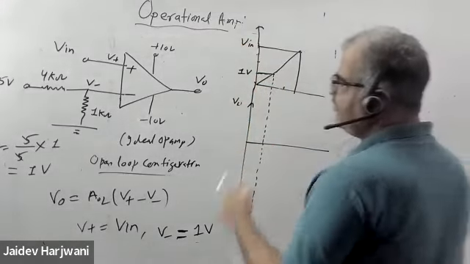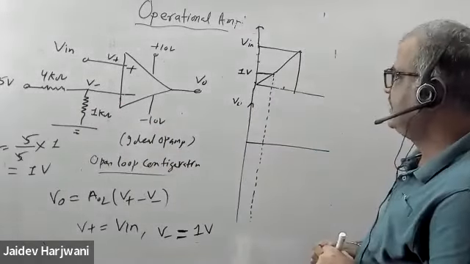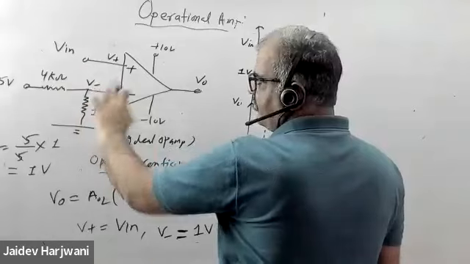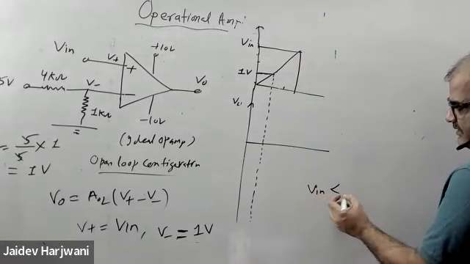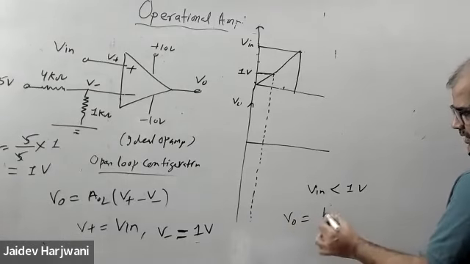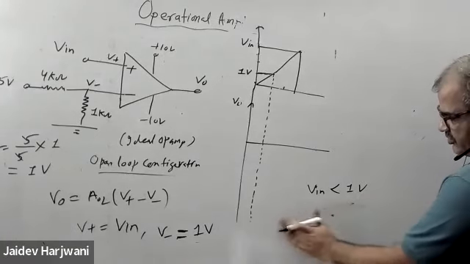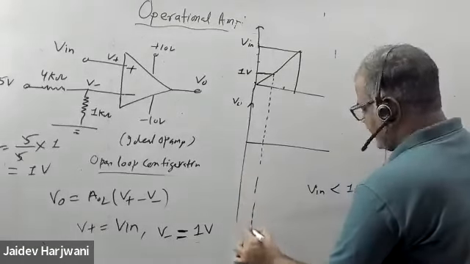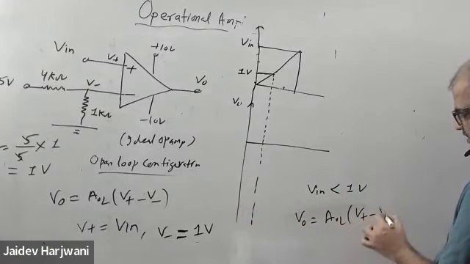When V input is less than 1 volt, what will happen? Now this is the positive terminal and this is the negative terminal. In that case my V output will be the open loop gain times (V plus minus V minus).